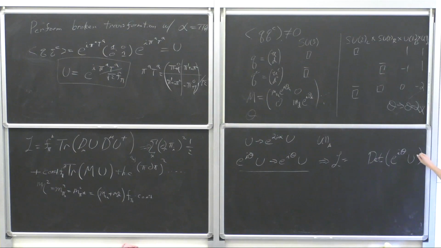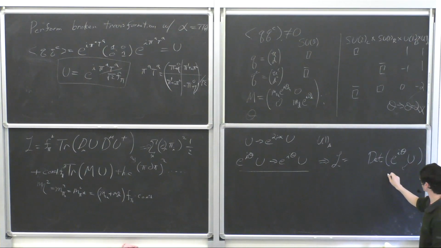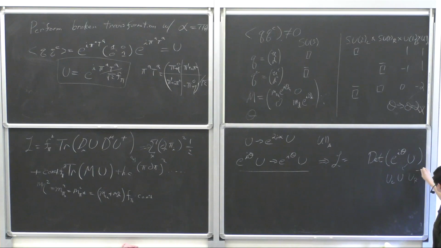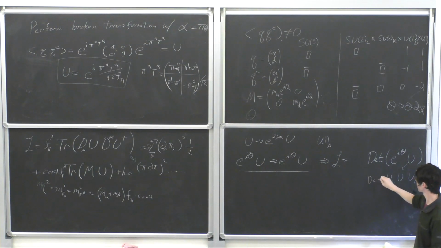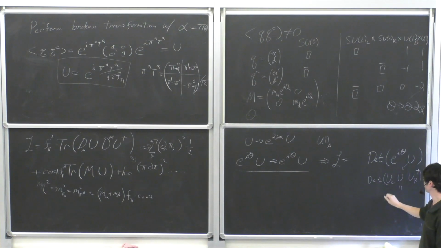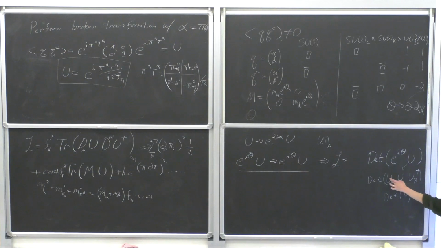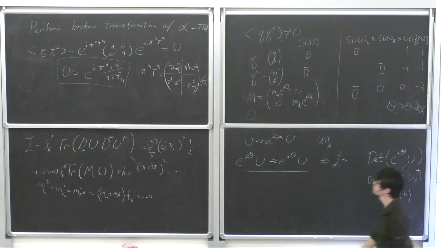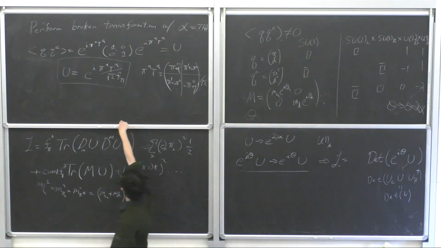If you do an SU3 or SU2 left, SU2 right transformation here, this gives a U left, U right. One of those is daggered. The determinant is the determinant of each of these guys individually. This is 1, this is 1. U is not 1. So let's take the determinant of U here.